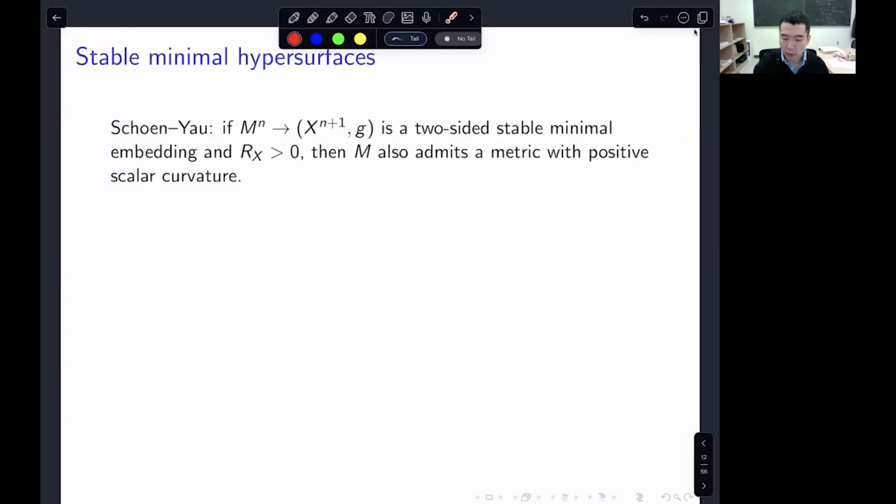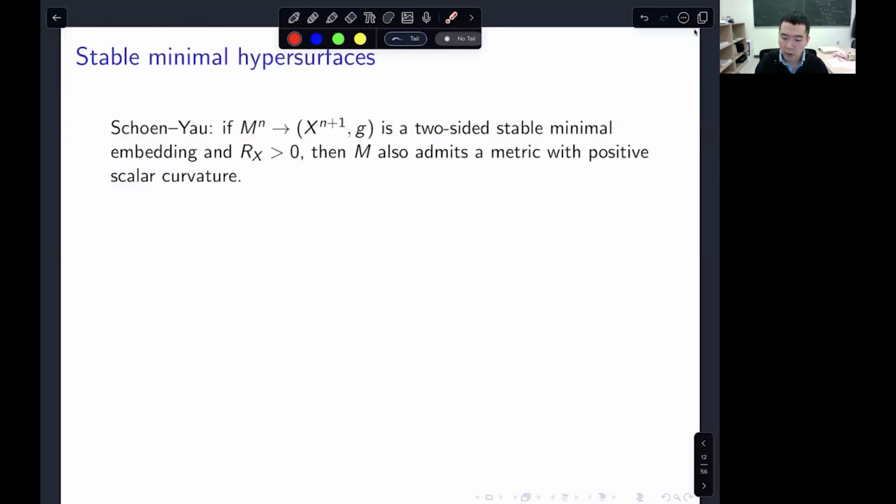Namely, if you have a two-sided stable minimal embedding, or even immersion, into an ambient space, and we assume the scalar curvature of the ambient space is positive, then the minimal hypersurface M also admits a metric with positive scalar curvature.